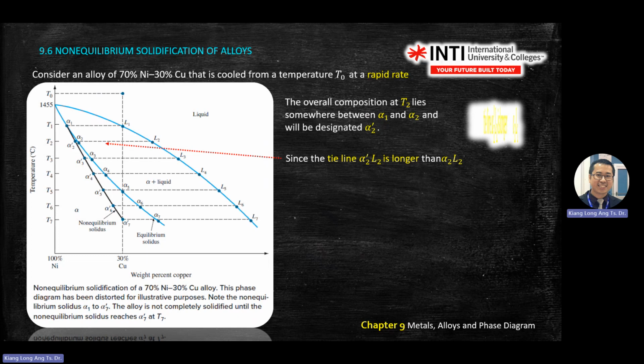What does the tie line tell you if you have two different tie lines? One is rapid cooling, one is normal cooling. Normal cooling got shorter. Right? Shorter. What does it mean? From here, what does it mean?